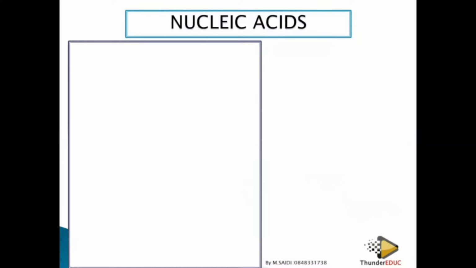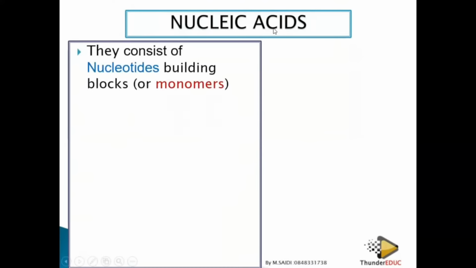So let's look at the nucleic acids, because we're saying that DNA is an example of a nucleic acid. Nucleic acids means the acids which are found in the nucleus. These nucleic acids consist of nucleotides.